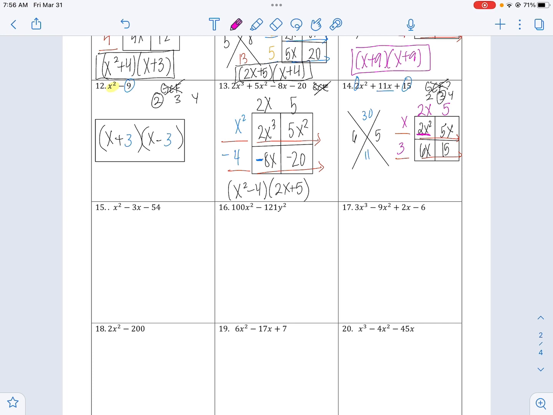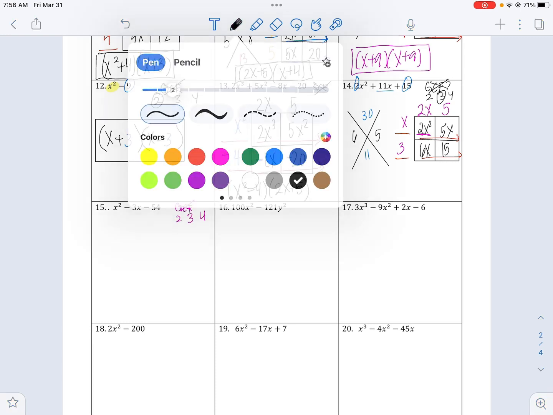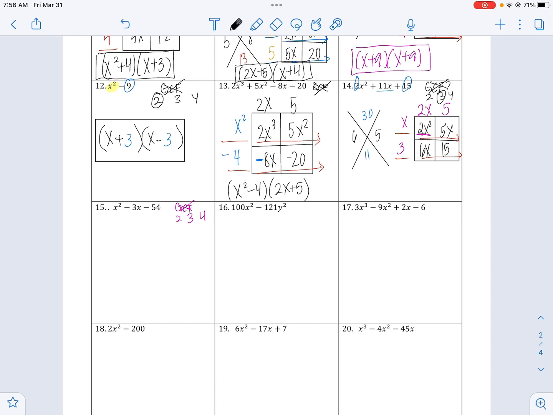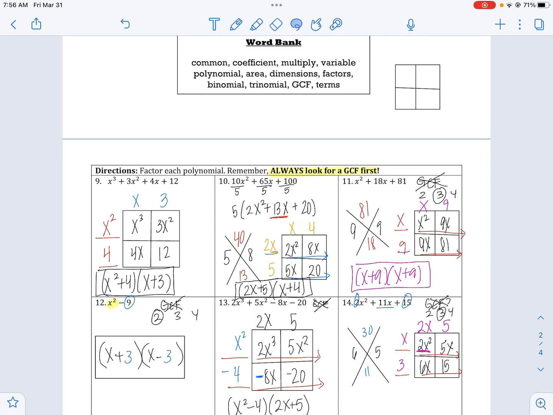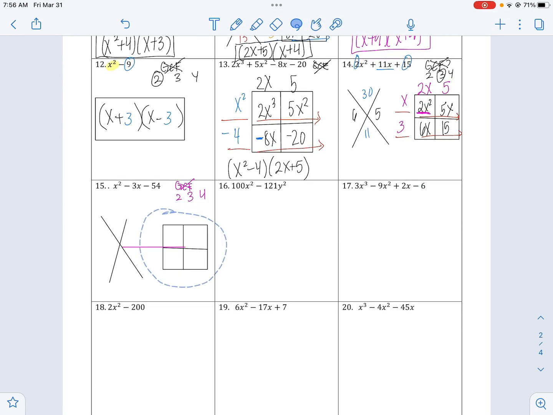So for number 15, you have to ask yourself, is there a GCF? No. 2 terms, 3 terms, 4 terms. All right, 3 terms it is. Let's go ahead and create our X. Uh-oh. There we go. And we create our box. And I'm just going to go ahead and copy, paste it over here.